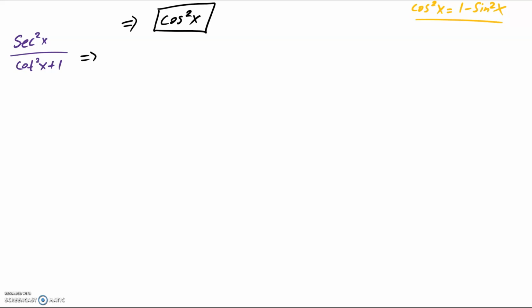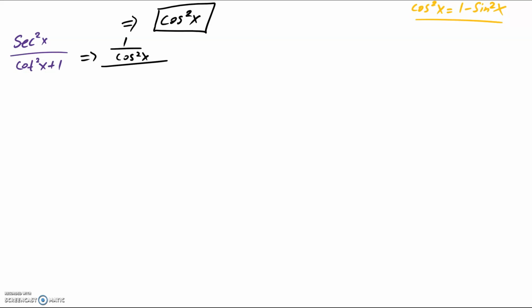Now look, secant squared x is in its simple form. I am not going to use a Pythagorean identity in the numerator, because secant squared x I can change into 1 over cos squared x, and if I used a Pythagorean identity, I would have 2 new terms instead of 1 term. That's why I didn't use a Pythagorean identity in the numerator.